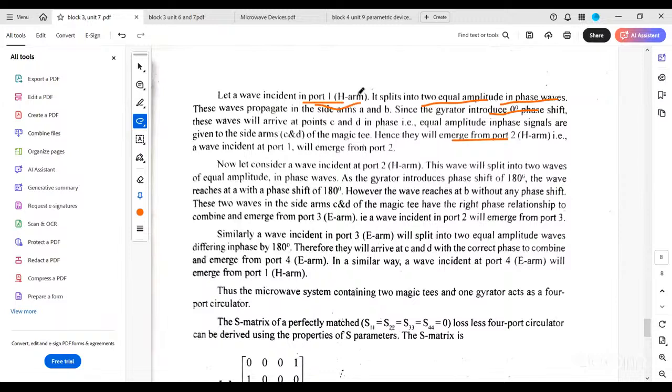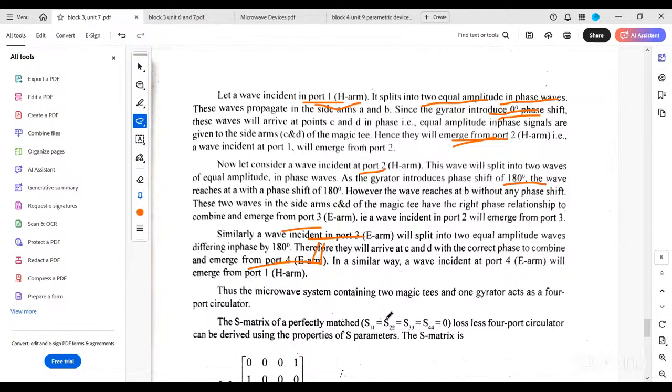It has to reach where? Port 2, with phase angle 0. And next, input is incident across port 2. It has to reach port 3 with phase angle 180 degrees. Next input is across port 3. It has to reach port 4, taking 180 degrees phase angle. Like this, different phase angles are mentioned from input to output.